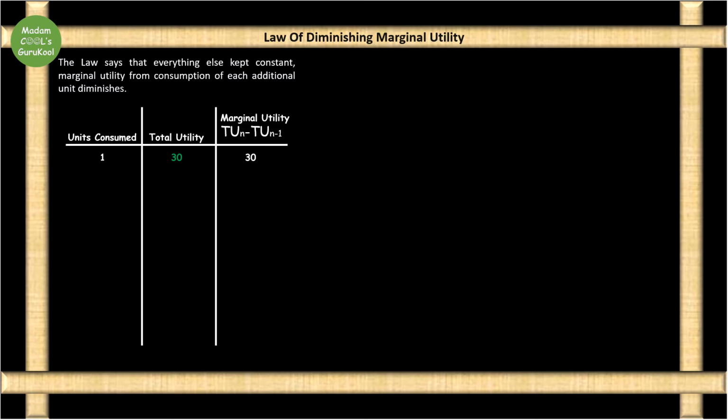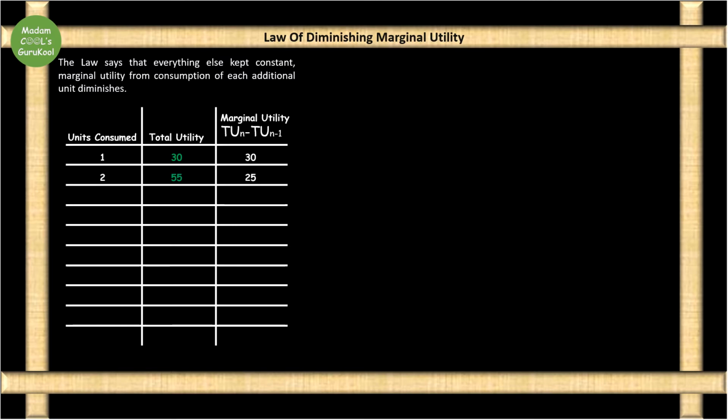Since this is the first unit, the total utility and marginal utility are the same. Since it's the first unit and also the cake has come out really well, it's your favorite flavor, the total utility is 30.